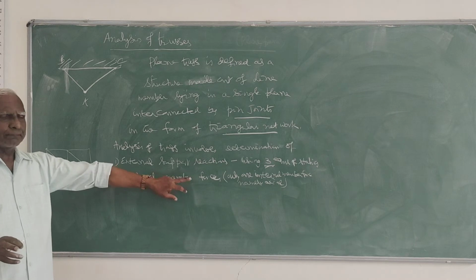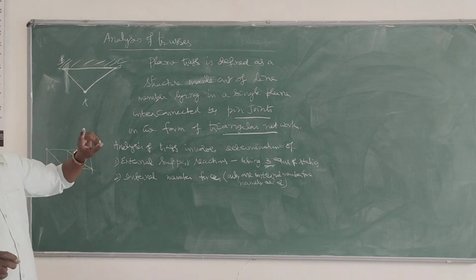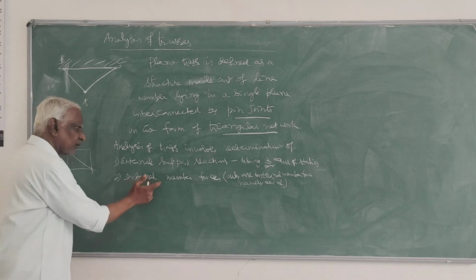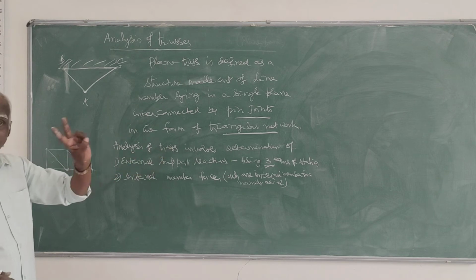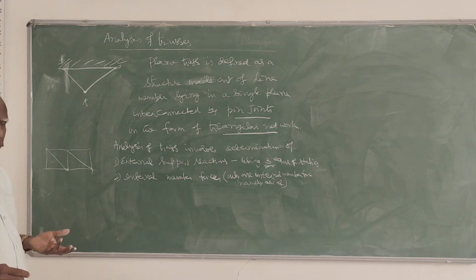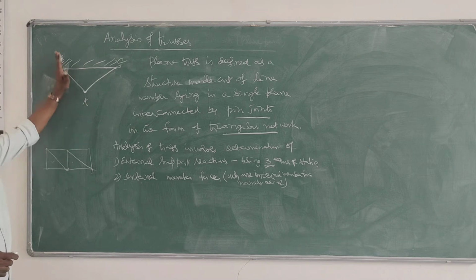Only one internal force per member you have to evaluate. Again, this you evaluate now not by three equations of equilibrium, but by only two equations of equilibrium, because this member need not be either truly horizontal or truly vertical.